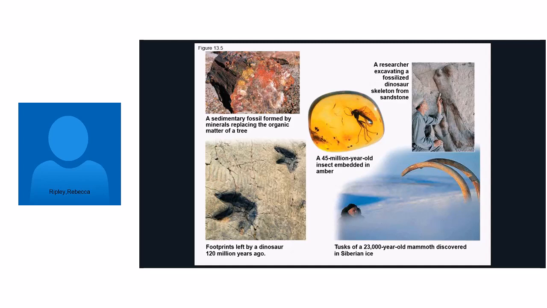For example, this researcher up in the top right hand of the slide is finding a bone that's found in sedimentary rock. By looking at that bone, you know that that species of animal probably doesn't exist today, but it does look very similar to a long bone in the leg of a human, for example, or in other species. So there are similarities there that are occurring.